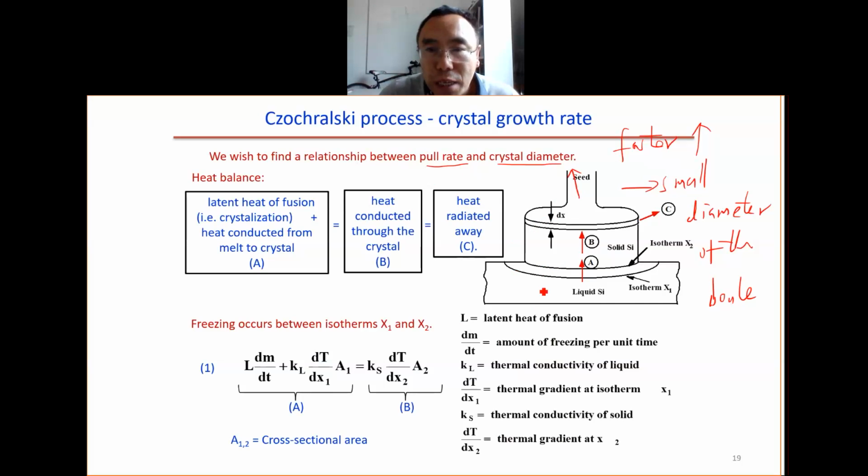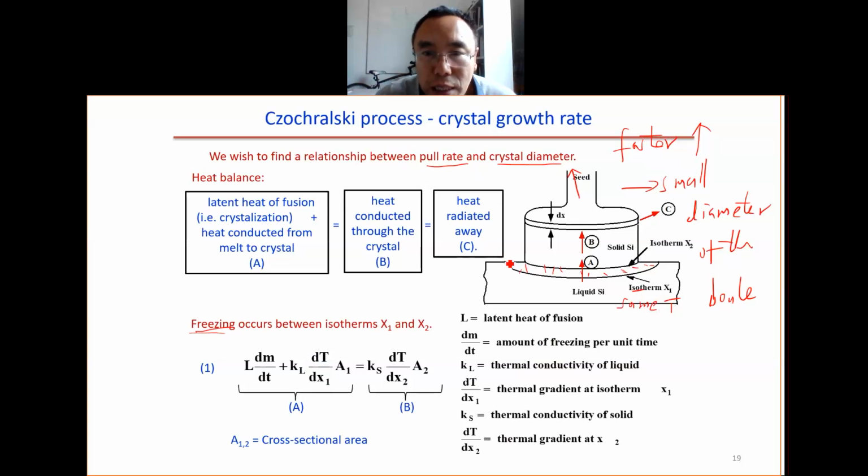So what do we have here? We assume that the freezing occurs between the isotherm X1 and X2. So the freezing occurs in this region. Here isotherm means same temperature.